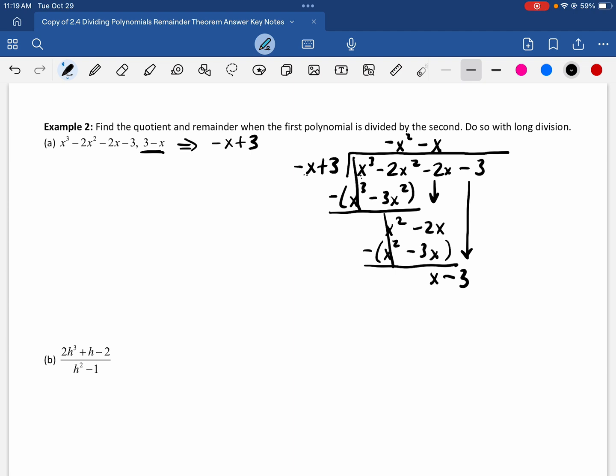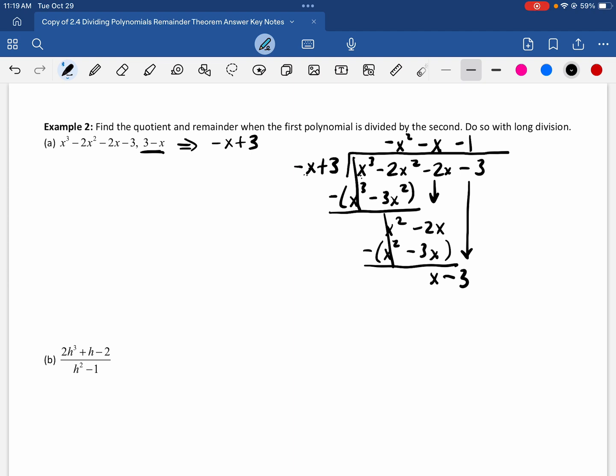Right, and the next one, same thing. I'm going to ask myself, what can I multiply by negative x that gives me a positive x? Well, it's got to be a negative. I don't need any more x's, so it just means a negative 1.